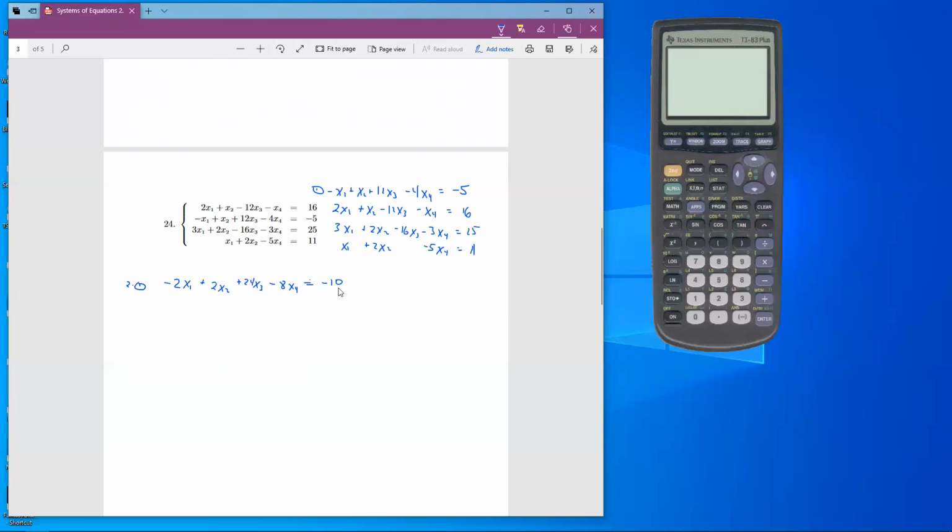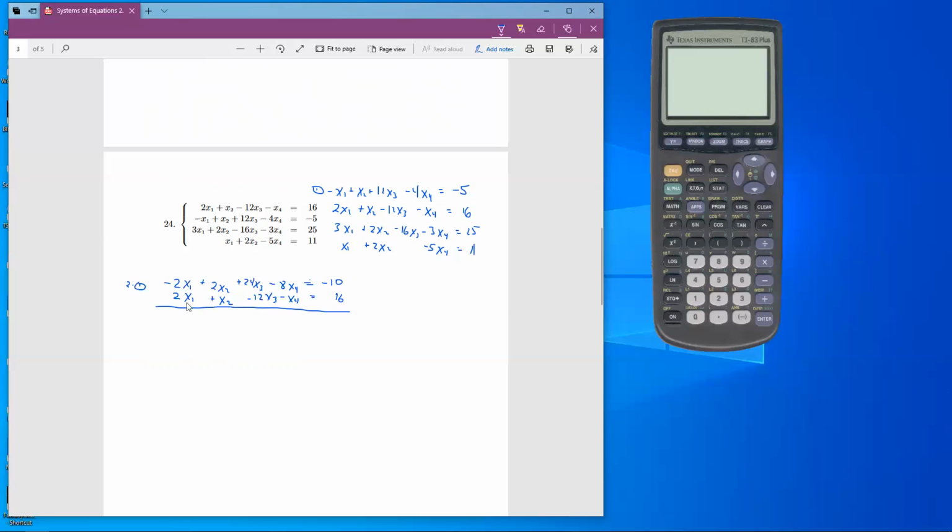All right, so that's what we're going to have there. My equation 2 was 2x1 plus x2 minus 12x3 minus x4, and this was equal to 16.